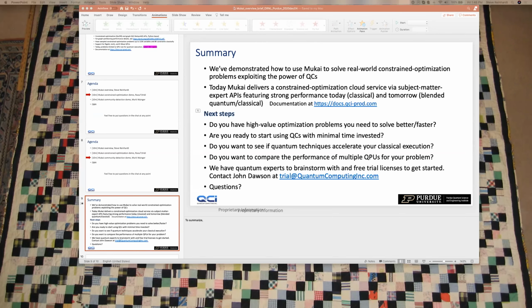Some of them are published, and some are coming soon. These are for graph partitioning, and for QAP coming soon. So it really depends on the problem you want to solve. But the best way to tell is to go ahead and try it and see for yourself what type of benefits you get.